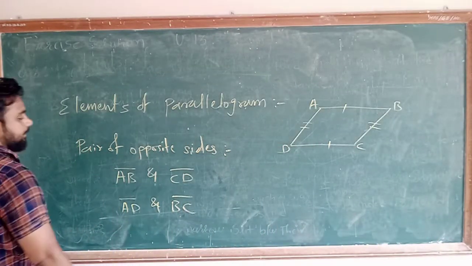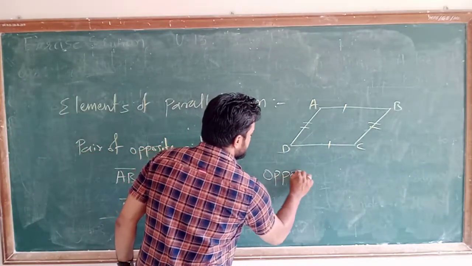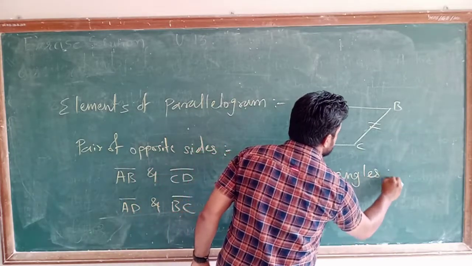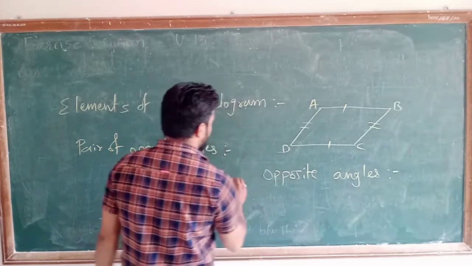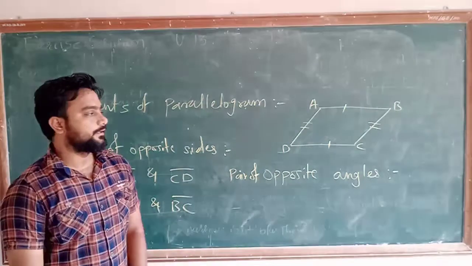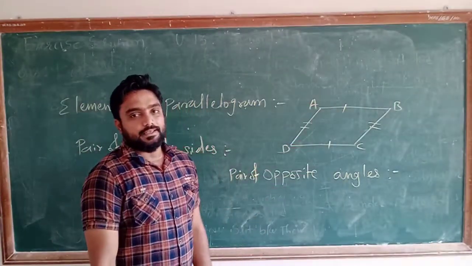Now another thing, the opposite angles. Or you can write pair of opposite angles. Understand or not? So here, which angles are considered as the opposite angles?